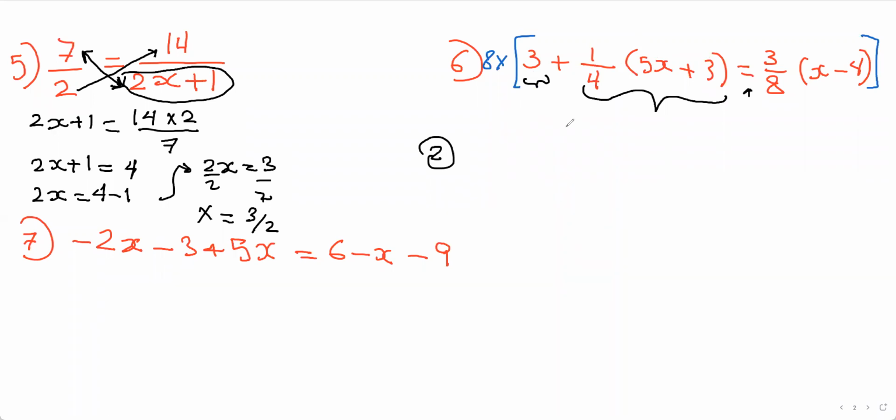How do we divide terms? How do I know it has 2 terms here? You see this plus sign right here? This is the one that's dividing this. We didn't do the distribution yet, so this here is 1 term, and this here is another term. So when I multiply the 8 in here, I have to multiply it only in the 2 terms.